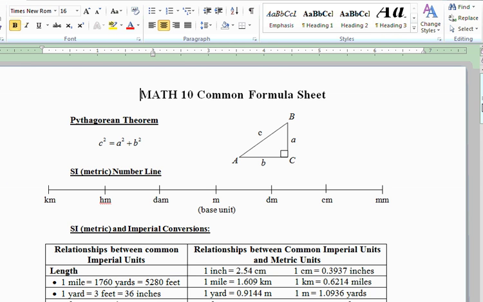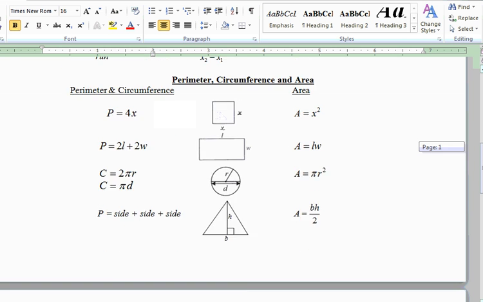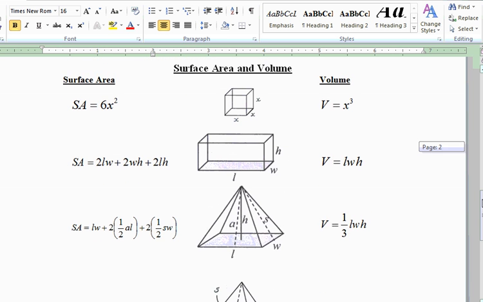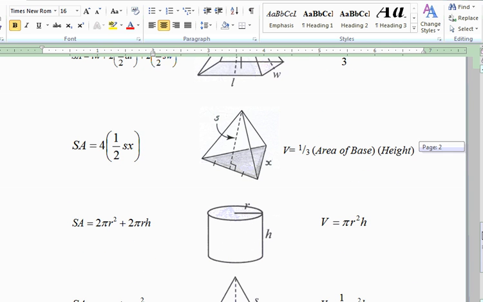On your formula sheet, on the front is all the perimeter, circumference and area formulas for the two-dimensional shapes, and then our three-dimensional shapes. Where is the tetrahedron? Do you see it? You might want to write underneath it, this is a tetrahedron.